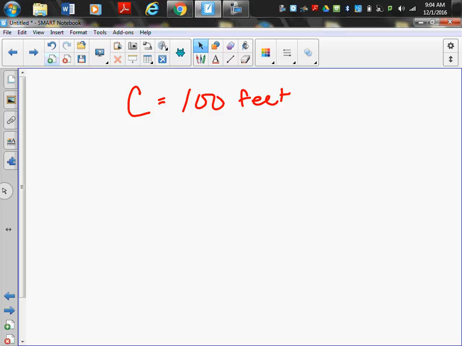Okay, so circumference is d pi. So this time it tells me my C is 100, so 100 equals d times pi. So we have a value for pi that we can use.